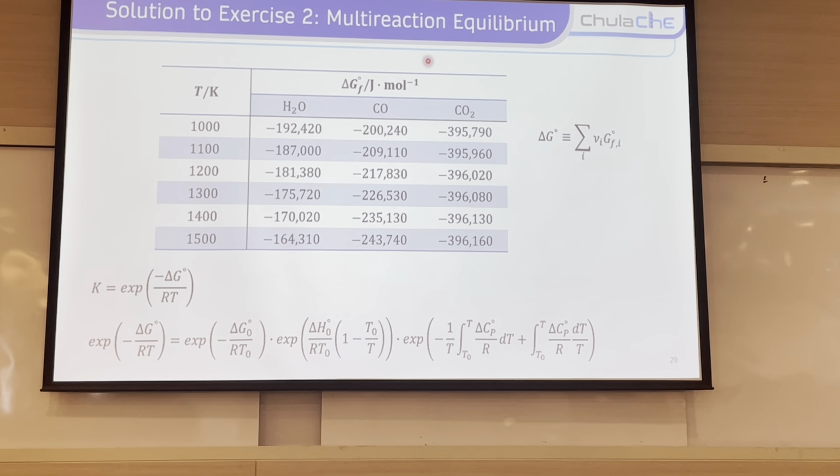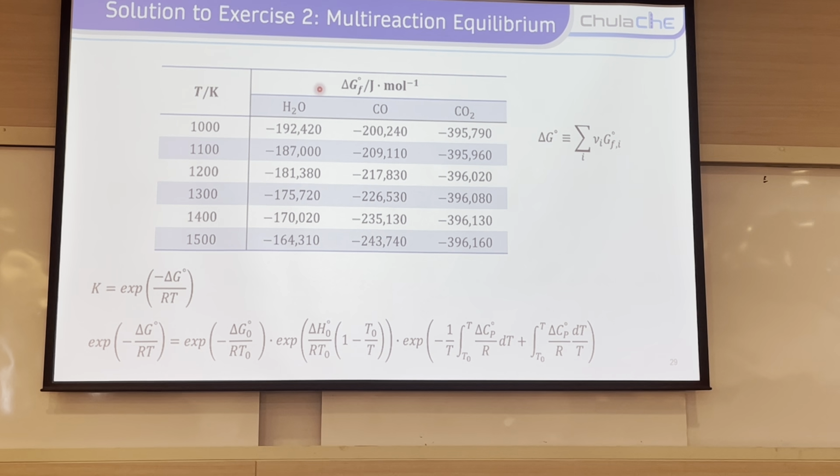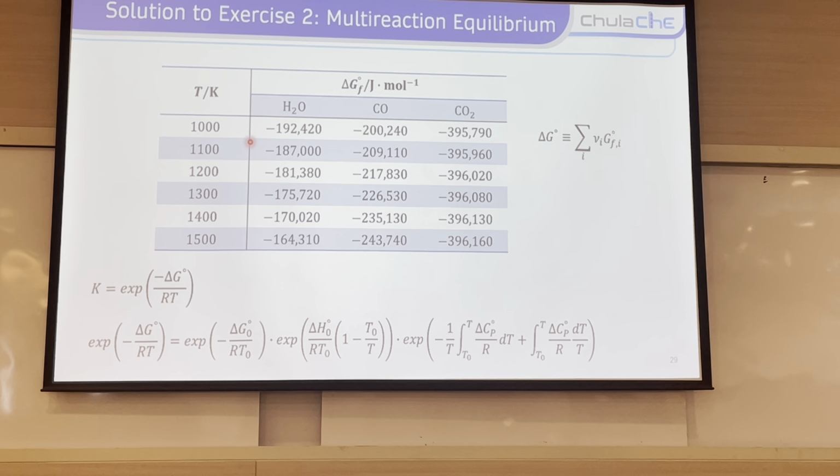But if you know the standard Gibbs energy of formation at the specified different temperatures, then you can directly calculate the standard Gibbs energy of reaction using the standard Gibbs energy of formation at that temperature. So in this case, instead of using this long equation, you know the data of the standard Gibbs energy of formation at 1000, 1100, and other temperatures.